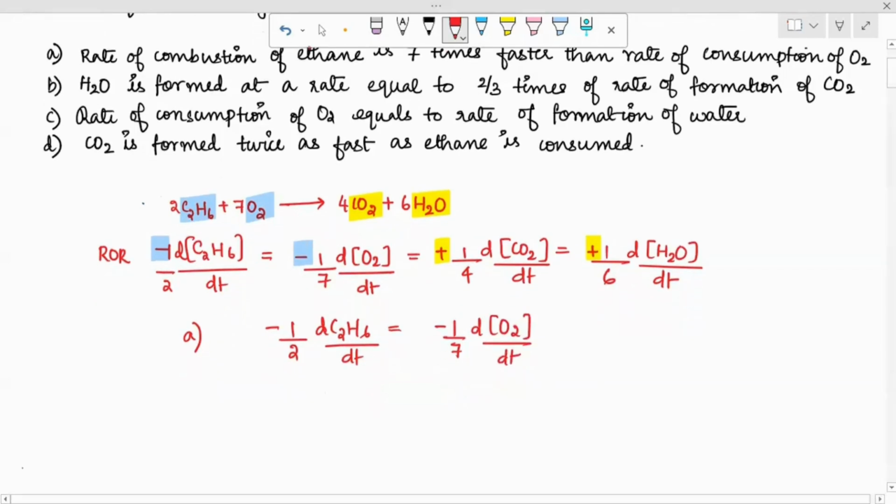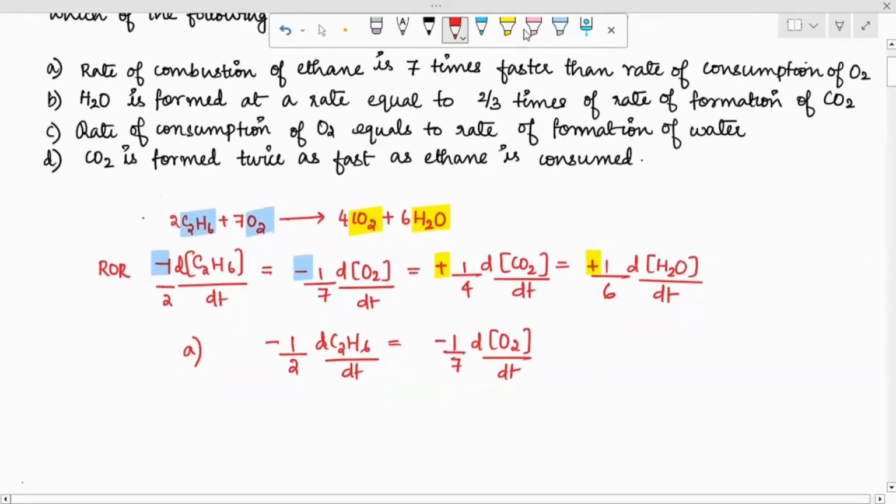Minus minus gets cancelled. If you take 2 to the other side, it becomes 2 by 7 times. So that is not true. It said that it is 7 times faster, but then you're not going to get the same thing even if you rearrange. So that is not true.